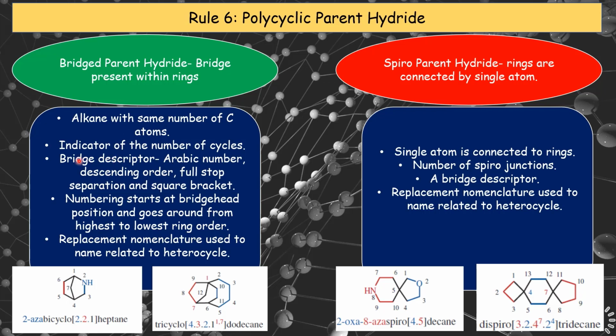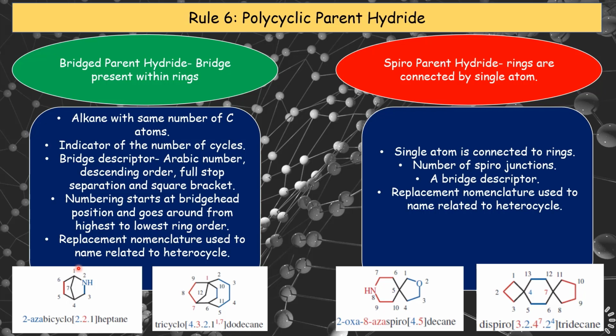The numbering will be normal Arabic numbers, written in descending order, separated by full stops, and enclosed in square brackets. The numbering will always start from a bridgehead position, and the numbers go from highest to lowest. In this way we have to write.